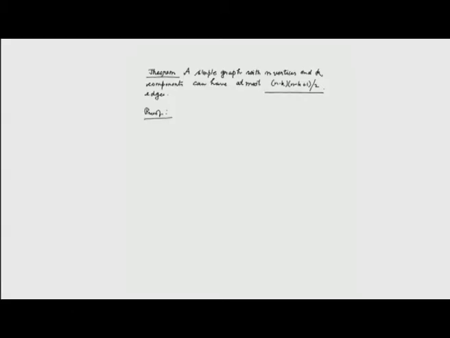Now, we start off by assuming that we have a graph with k components, and let the number of vertices in the ith component be ni, where i varies from 1 to k.